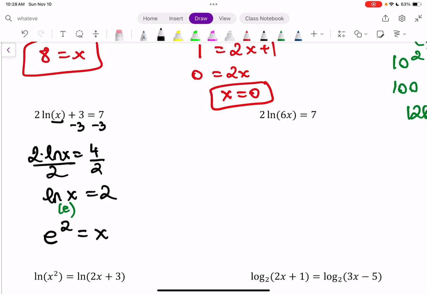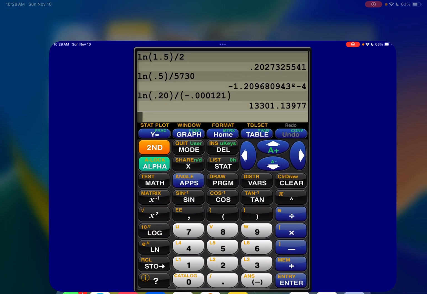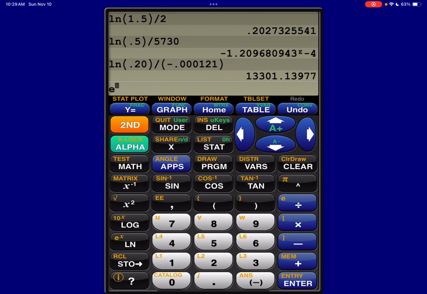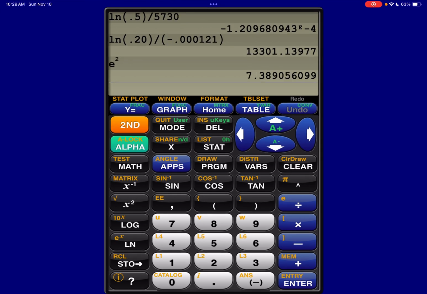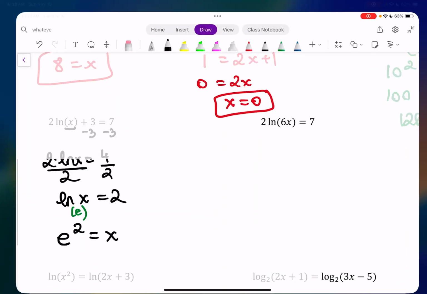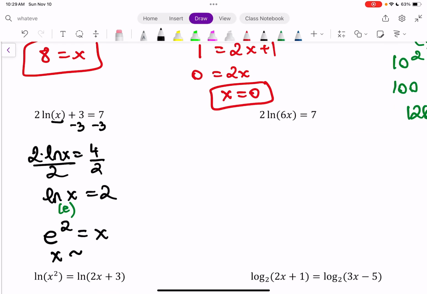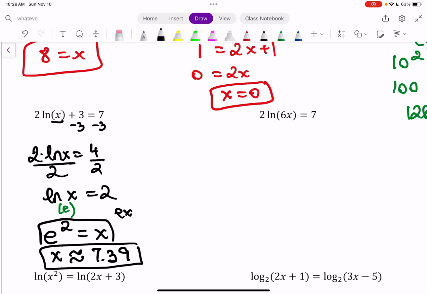So x is e squared. Now what is e squared? e squared is about 7.39. So again, e squared would be the exact answer, whereas this is the approximate answer.